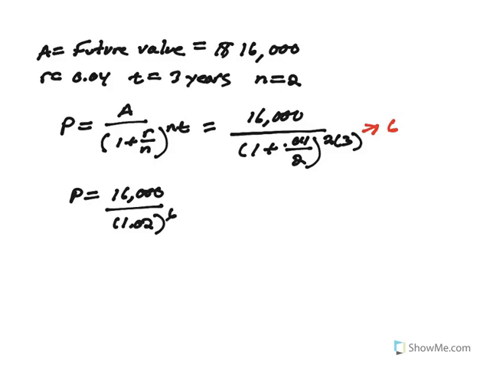Make sure that's in the denominator. Make sure you raise 1.02 to the 6th power, not 16,000. So we're going to divide these two values. Once you take 1.02 and raise that to the 6th power, you'll get a number. You take that 16,000 and divide it by that number you get.